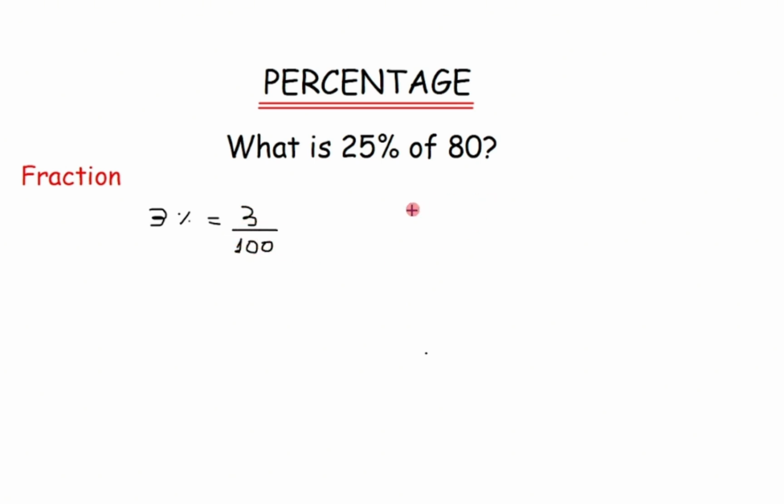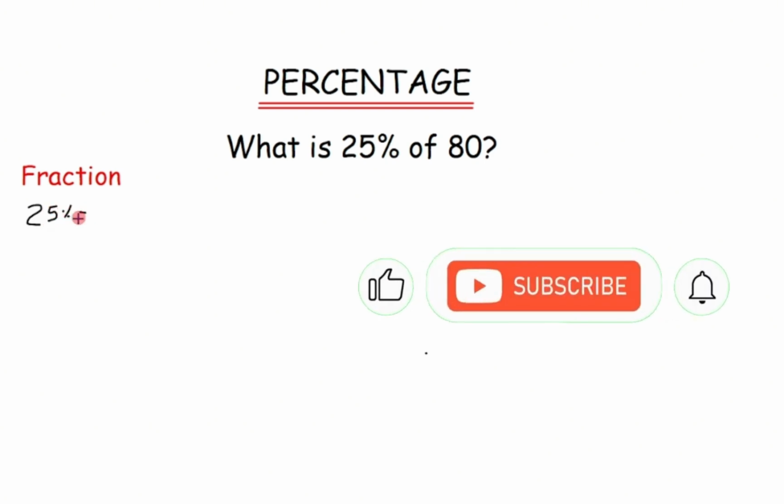If you have, for example, the value of 84%, you can write this as a fraction, like 84 over 100, always with 100 in the denominator. 25% we're going to be able to write as 25 over 100.